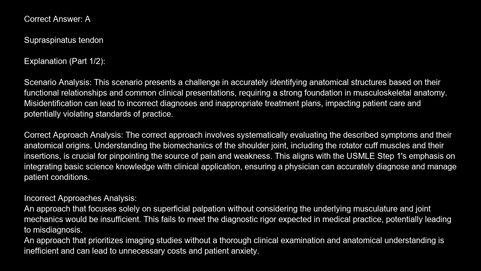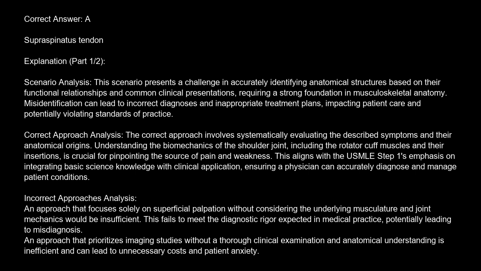This scenario presents a challenge in accurately identifying anatomical structures based on their functional relationships and common clinical presentations, requiring a strong foundation in musculoskeletal anatomy. Misidentification can lead to incorrect diagnoses and inappropriate treatment plans, impacting patient care and potentially violating standards of practice. Correct approach analysis.